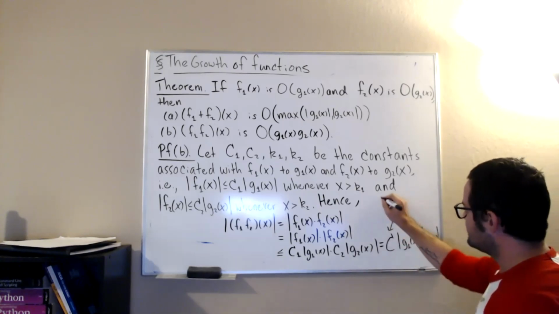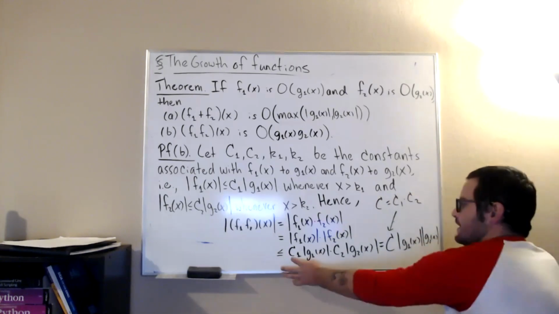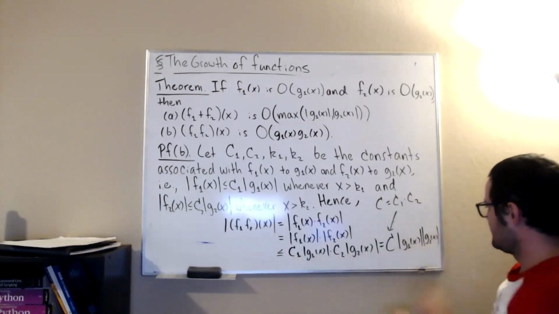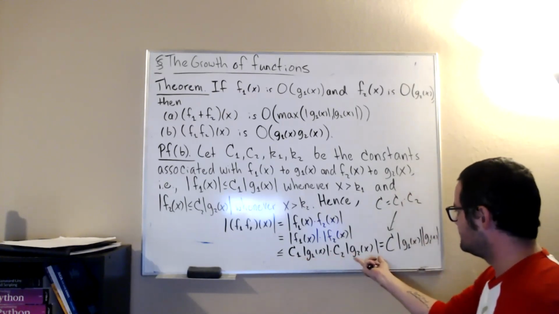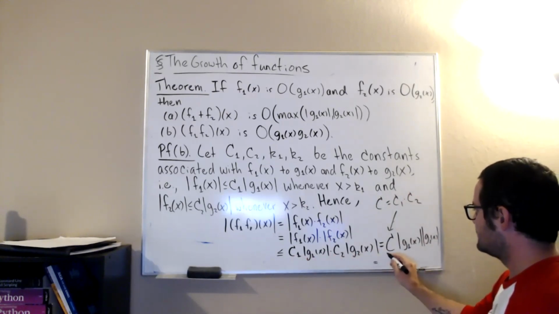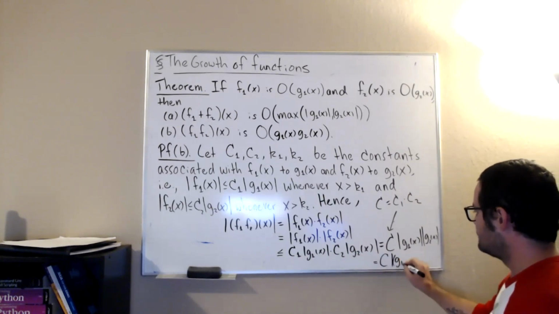And here C is equal to C1 times C2. That times that is C. And now the absolute value of g1 times the absolute value of g2, that's the same thing as saying C times g1 of x times g2 of x.